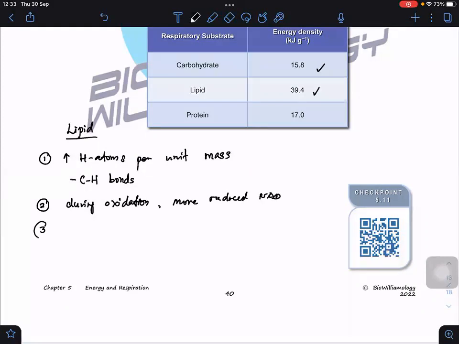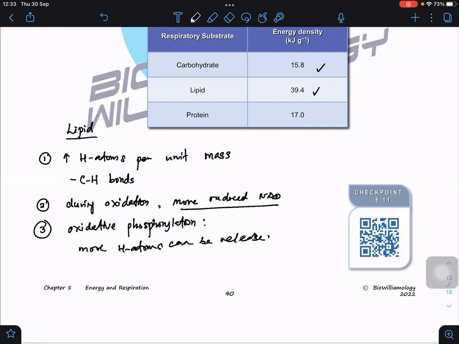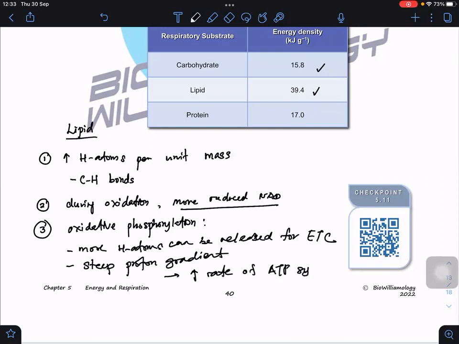It means that during oxidative phosphorylation, because we have more reduced NAD, more hydrogen atoms can be released for the electron transport chain, correct or not? So we can generate a steep proton gradient. When we generate a steep proton gradient, it means that we increase the rate of ATP synthesis. So this is why lipids have higher energy density.